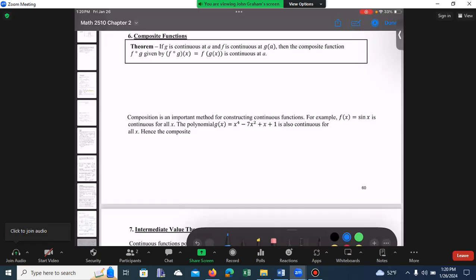So if we're looking at f of x equals sine of x, it's continuous for all x. g of x equals x to the fourth minus 7x squared plus x plus 1 is continuous for all x. Then f composite with g of x is continuous for all x.